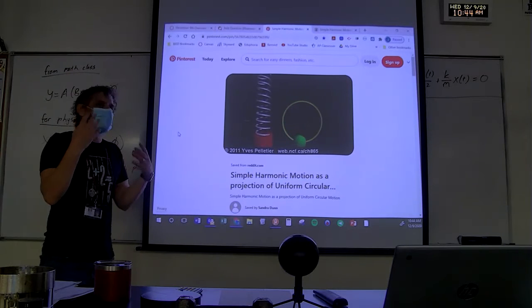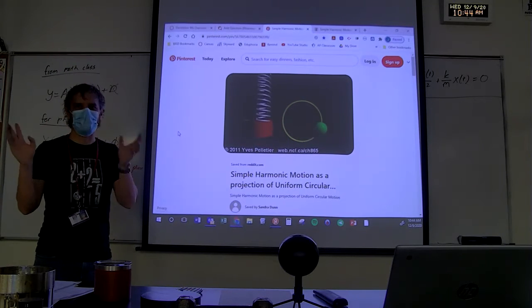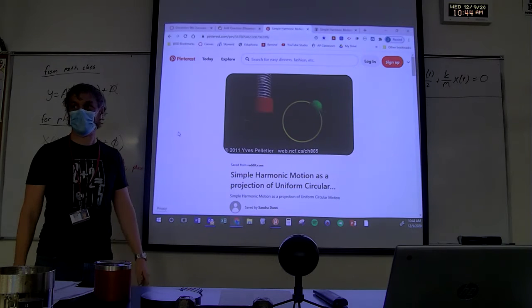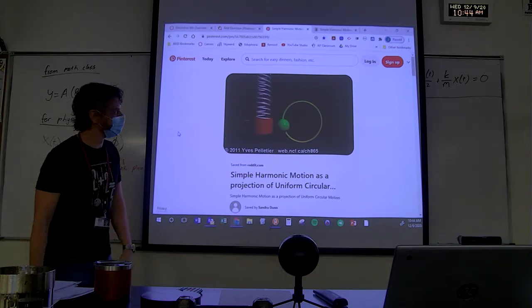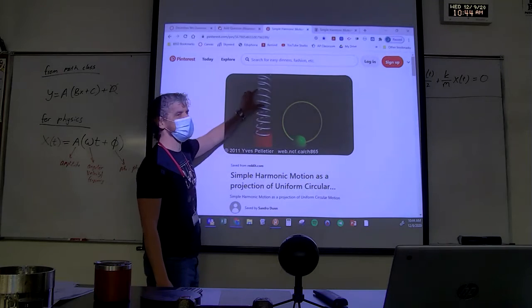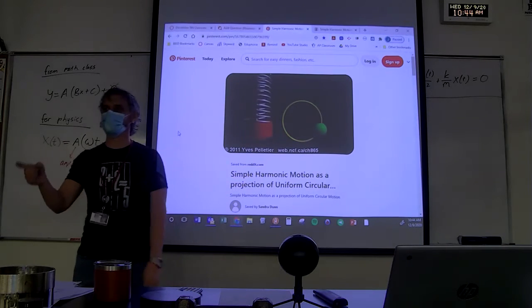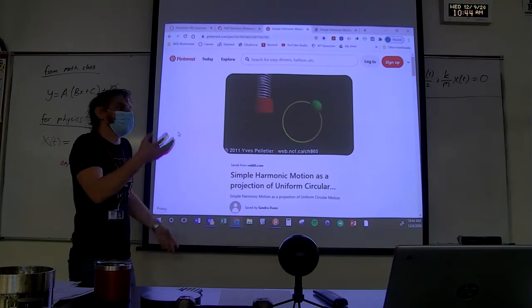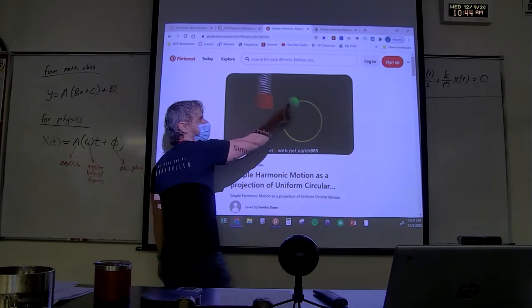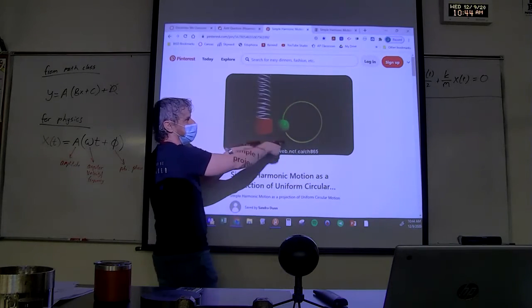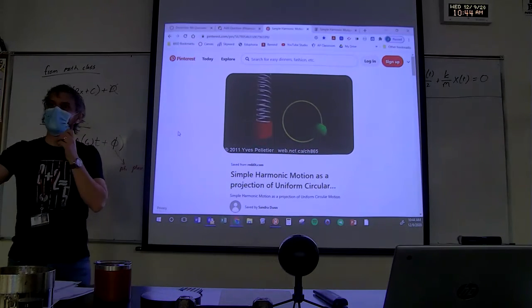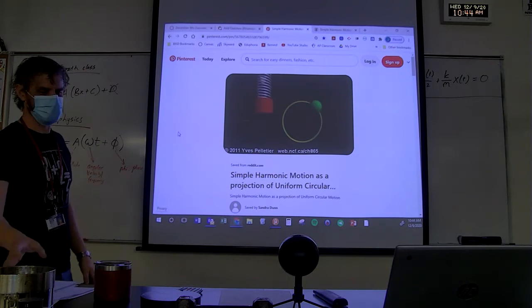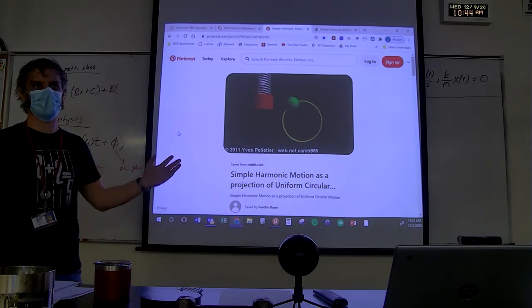But again, because angular velocity is even weirder than angular frequency, we just say angular frequency. And we measure it in radians per second. So even though this guy's moving in a straight line up and down, we measure his angular frequency in radians per second. And if you struggle with that, just make the connection with something moving in a circle: one of the dimensions of motion of the object moving in the circle matches the motion of the mass in its vertical or horizontal straight-line motion.